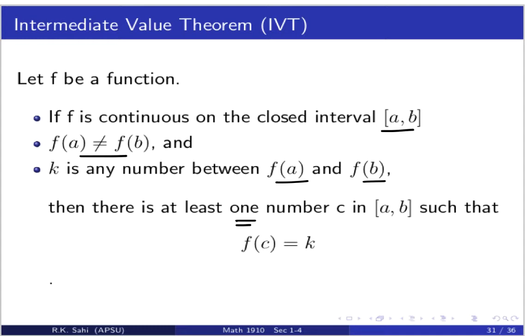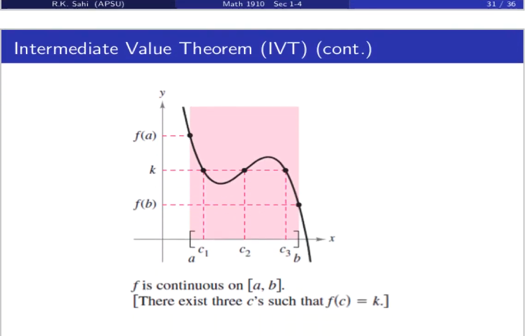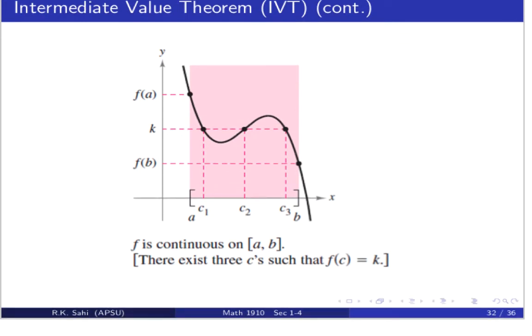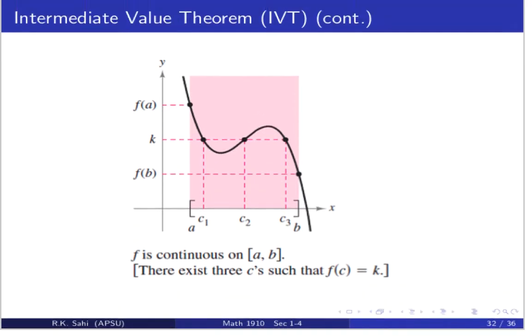Now, let's look at the same thing from a graphical point of view. So here is a function which is continuous on a closed interval, a to b. And notice that the value of the function at a is different than the value of the function at b.